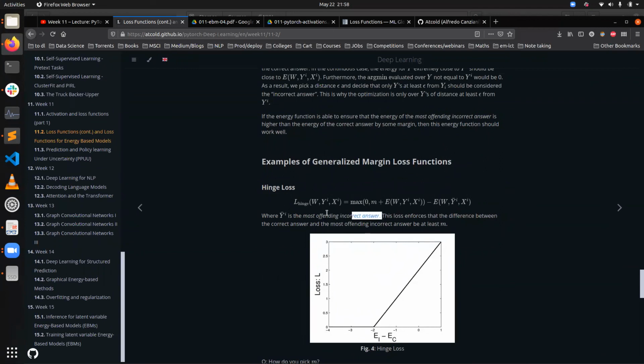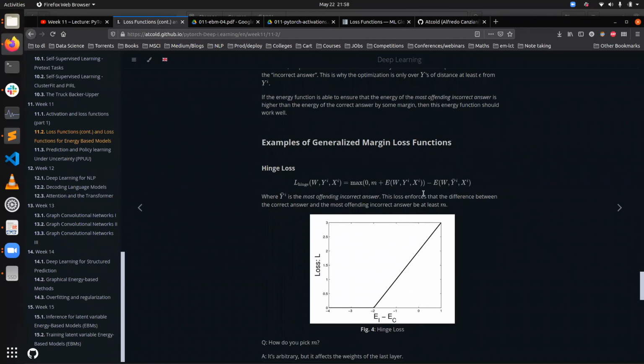This concept is used in all of these losses, and you have a margin as well. This loss enforces that the difference between the correct answer and the most offending incorrect answer be at least m. That makes sense, right?